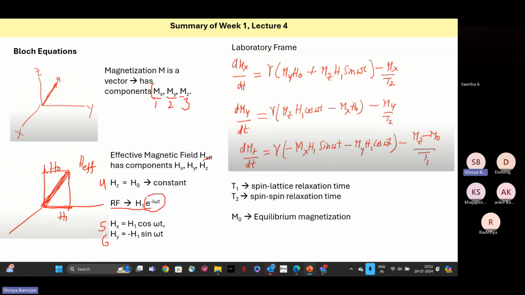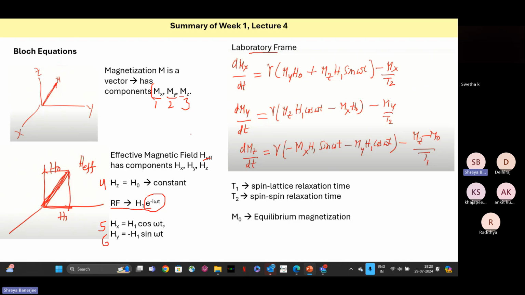Bloch equations are basically equations relating how the different magnetizations are related to the different magnetic fields. When it is in terms of x, y, and z, it is the laboratory frame, because x, y, and z are a constant coordinate system.